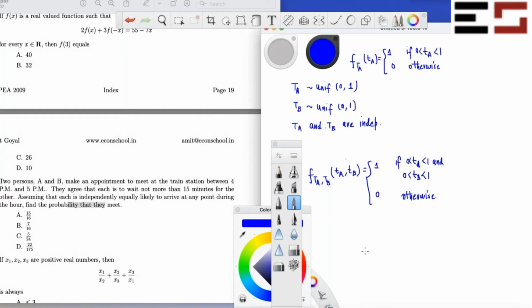Okay, now if you want to draw a picture, you can also draw a picture of the set of possible arrival times of ta and tb. Okay, so all that I have to do is I just have to draw a square.